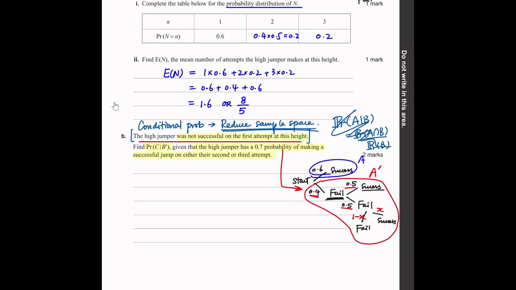Then within this reduced sample space, the high jumper has a 0.7 probability of making a successful jump on either second or third. So you could get, let's say, 0.4 times 0.5, or 0.4 times 0.5, 0.4 times 0.5.